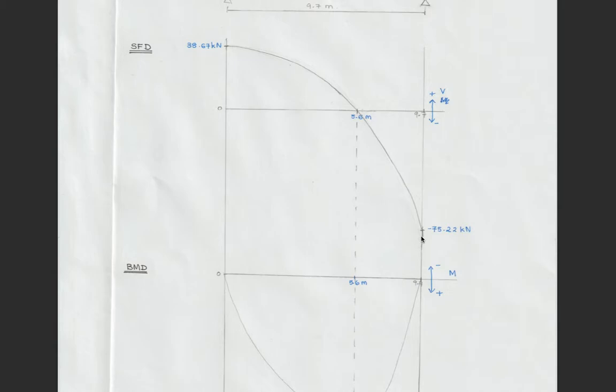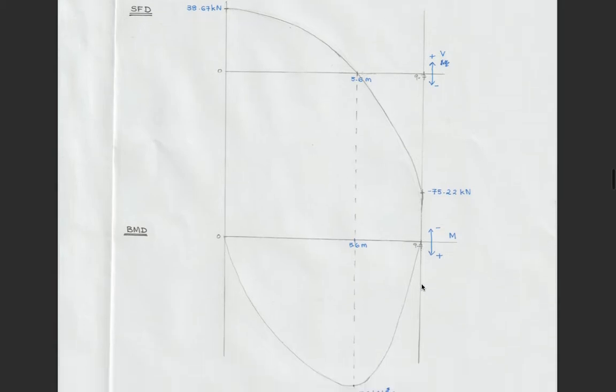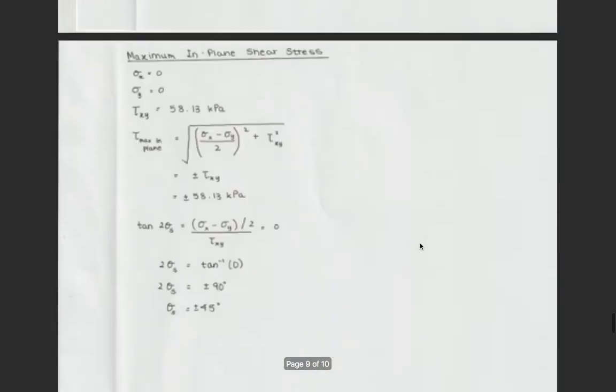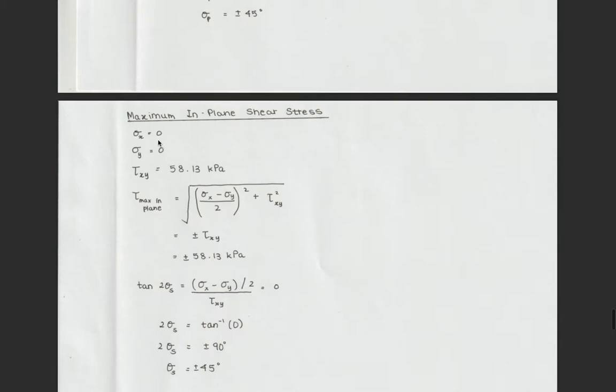So if we go right down, we see that the bending moment at that point is equal to 0. So therefore, what that actually means for our calculations is that there is no tensile stress at that point in the x direction. Of course, there's no tensile stress in the y because there's no moment or stresses in that direction. So we just got this torque or shear stress of 58.13 kilopascals.